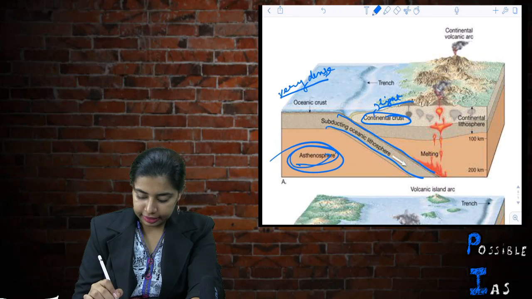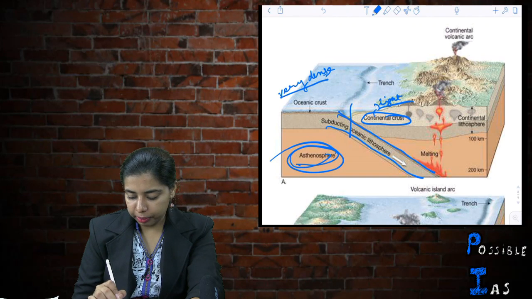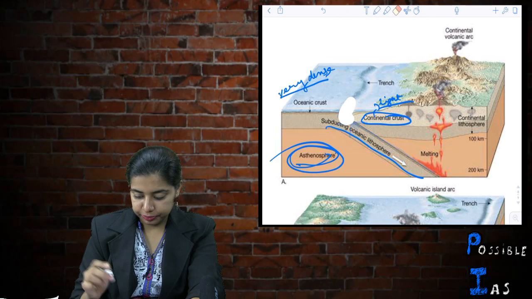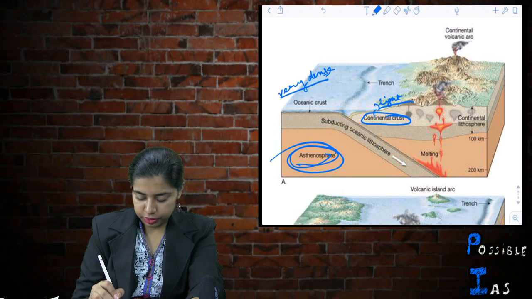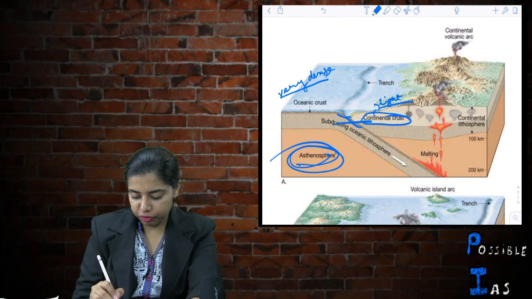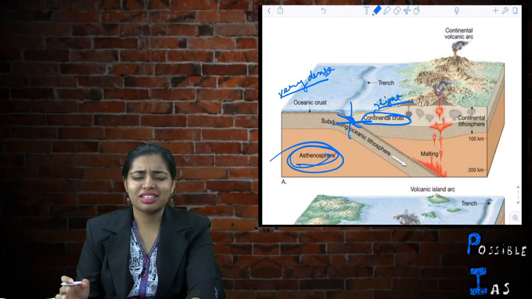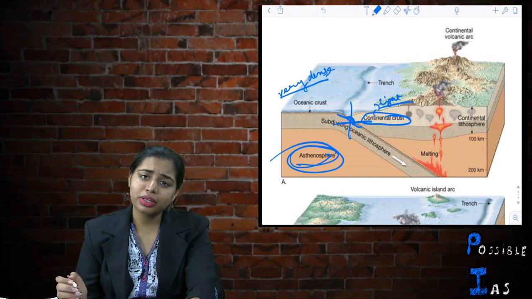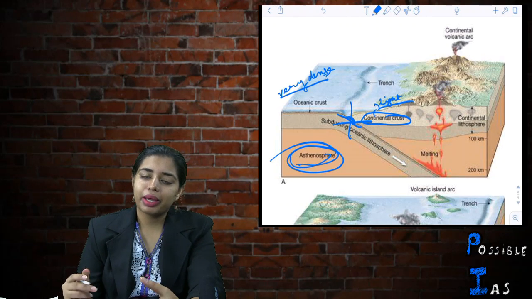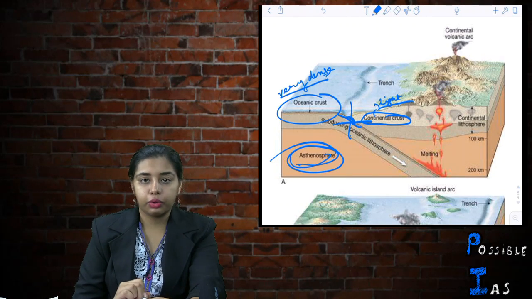Now, what angle is being formed right here, this angle? What will this angle depend on? This angle can be 90 degrees, it can be acute, or obtuse. It depends on the density of the oceanic crust.